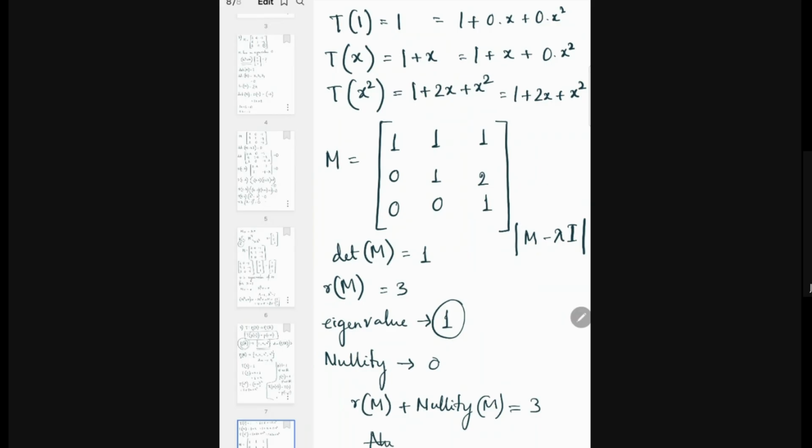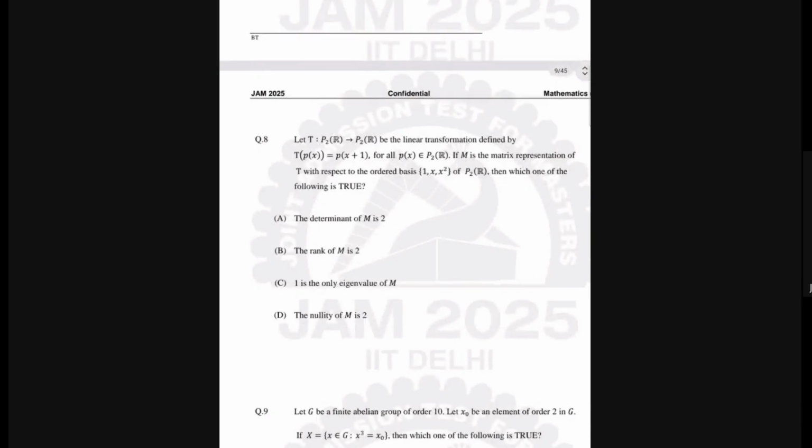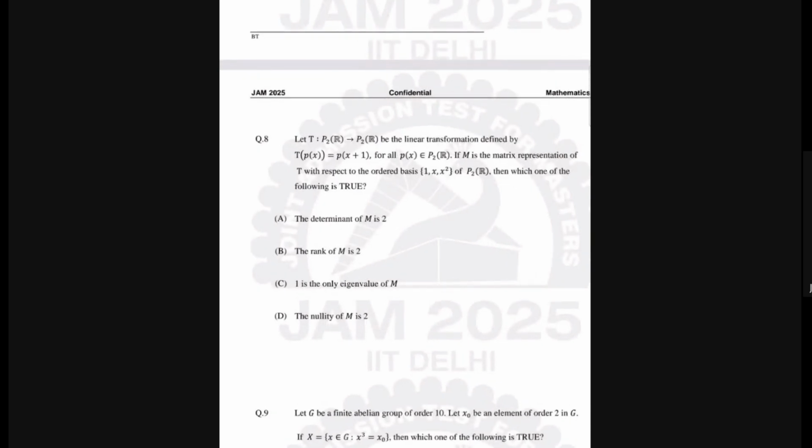So only our option C is correct. Is question 8 clear? Yes, ma'am.